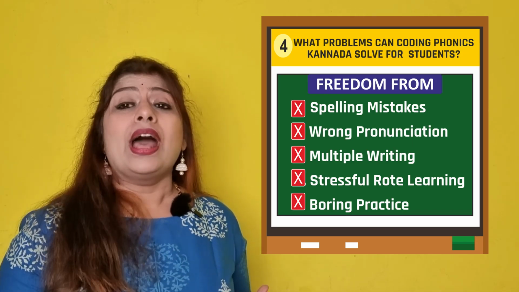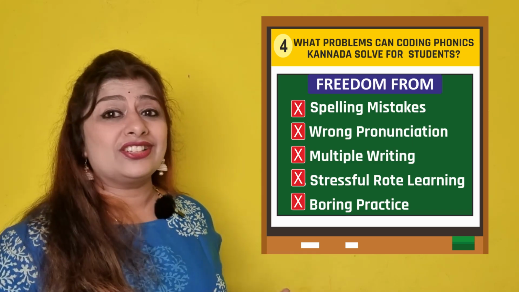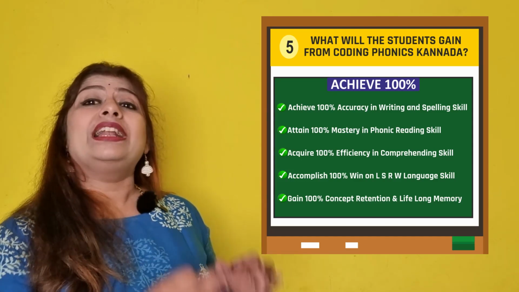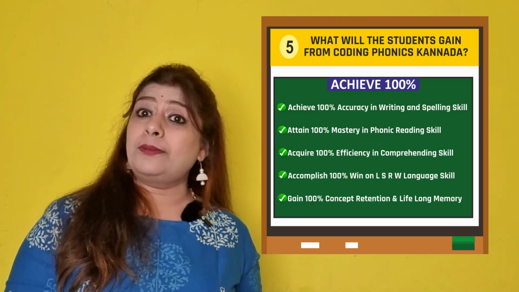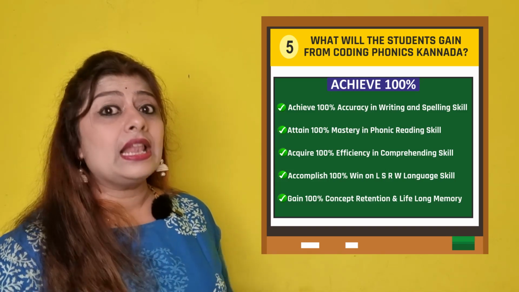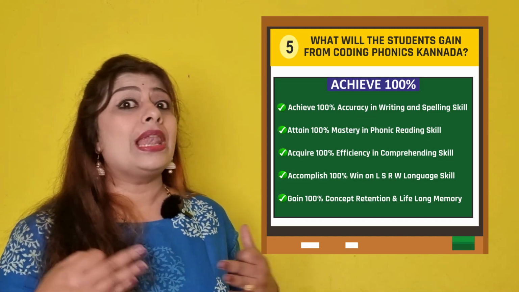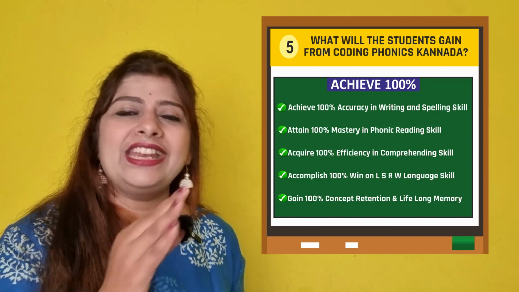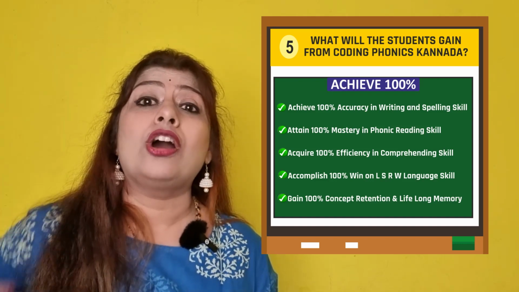And number 2, as a parent or a teacher, when you follow this methodology and teach the child, what is the child going to achieve? You can see, I've already told it: the child can achieve 100% writing skill, 100% phonic reading skill, 100% comprehending skill, 100% whole language development skill, and 100% retention of these concepts in long-term, lifelong memory.